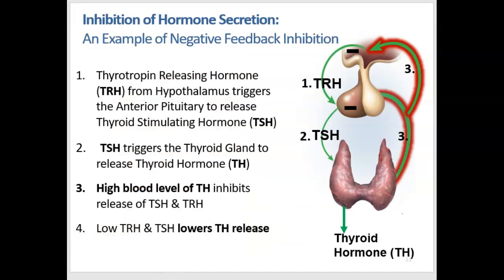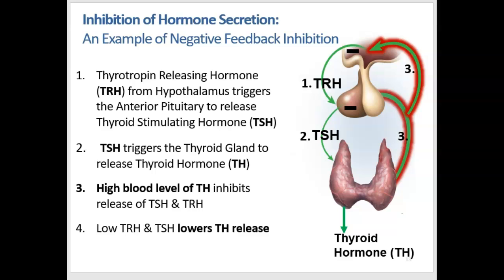Now the release of hormone is not only stimulated, but it can also be inhibited. One example of how hormone release is inhibited is through a process that involves the blood level of the hormone. So negative feedback inhibition is used.